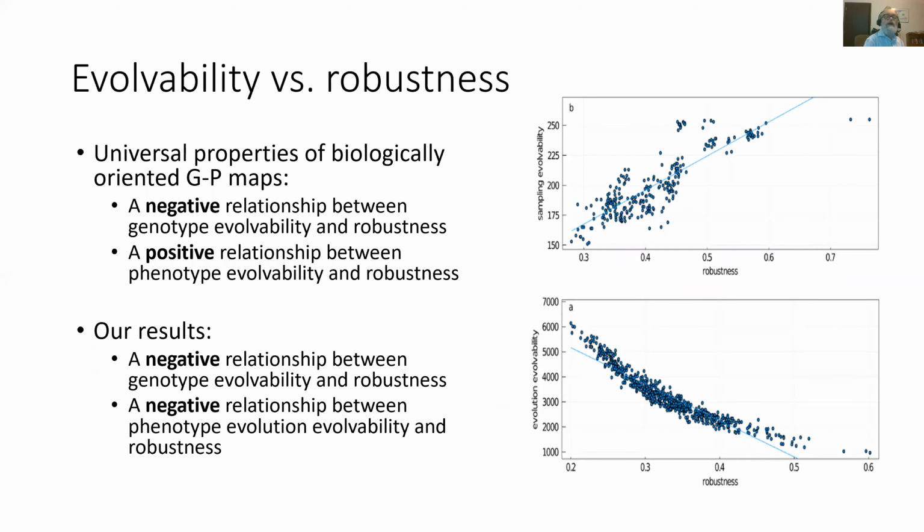So, evolvability versus robustness. We started this project by looking at biological genotype-phenotype maps. Biologists discovered what they call universal properties, including a negative relationship between genotype evolvability and robustness, and a positive relationship between phenotype evolvability and robustness.